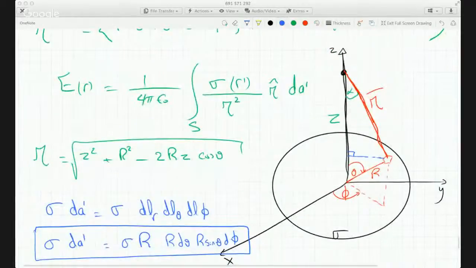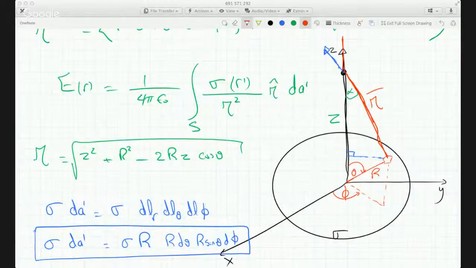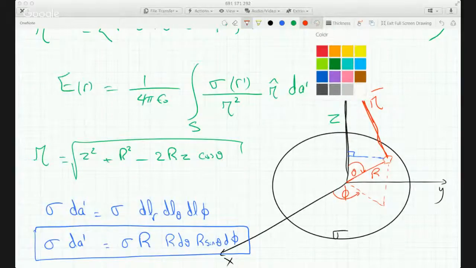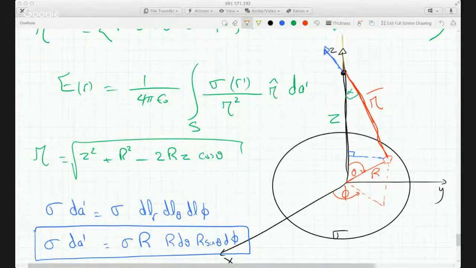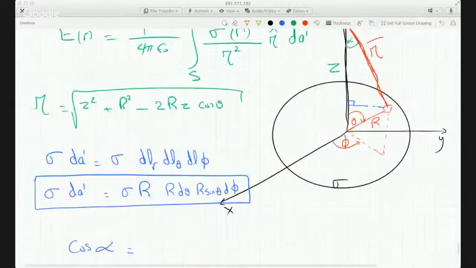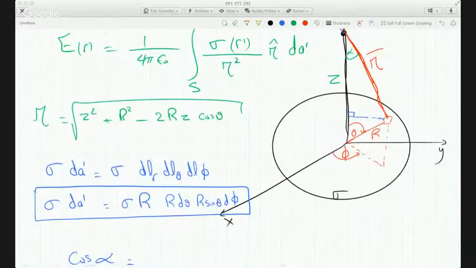My electric field will be like this, and I am interested in this component. So it will be whatever the electric field is times cosine alpha. So I need my cosine alpha in terms of the variables of the problem.